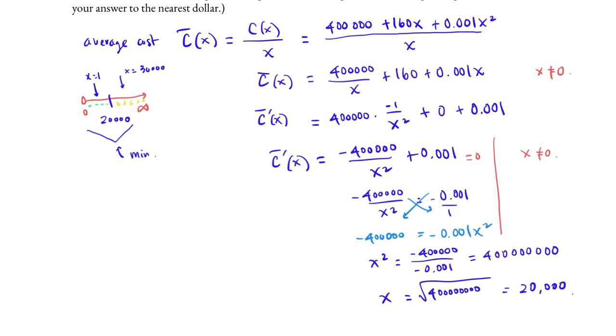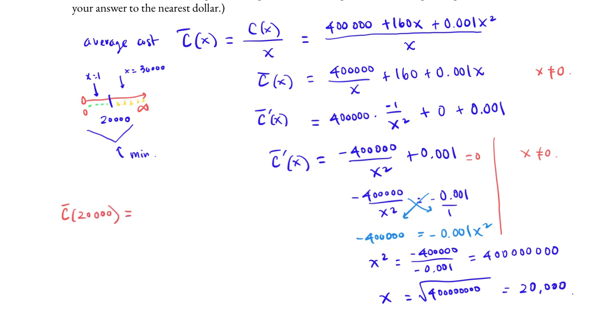What is the resulting average cost of an iPhone? Now remember that this x is the number of iPhones manufactured. If we want to find the average cost, we need to plug this back into the average cost function, but this time we plug in 20,000.